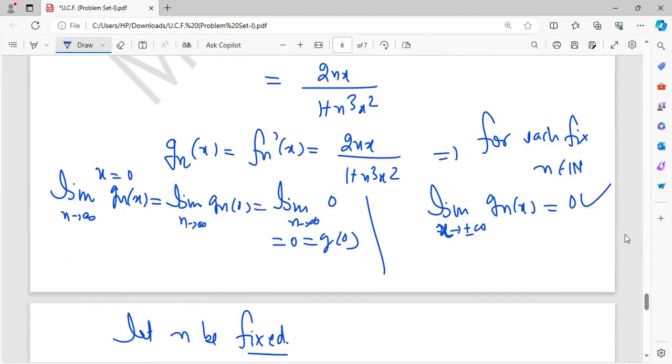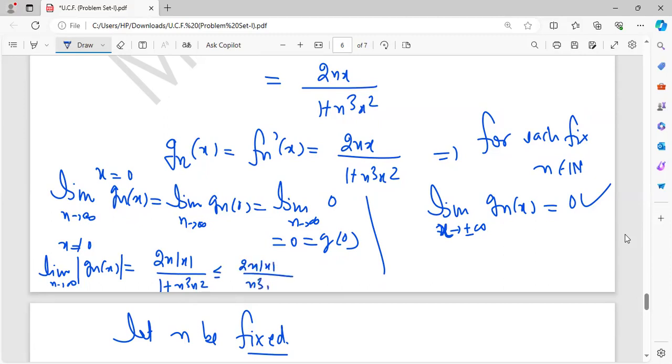Okay. When x is not 0, then what about the limit of gn(x)? That is to take this: 2nx upon 1 plus n cube x square. So I can remove 1 here, 2nx upon n cube x square.